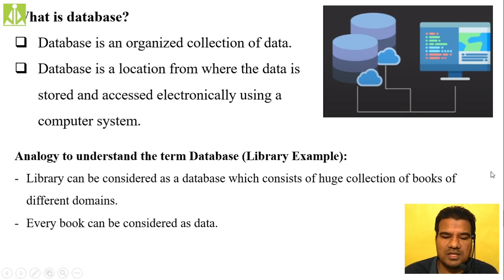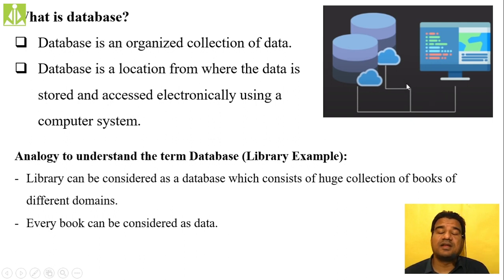Generally, to represent a database we use these cylinders. They are the storage for data, and we call them databases. With the help of a computer system, you can store the data, retrieve the data, and manipulate the data.